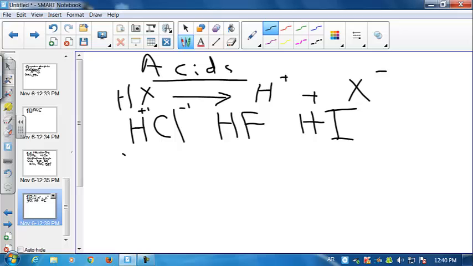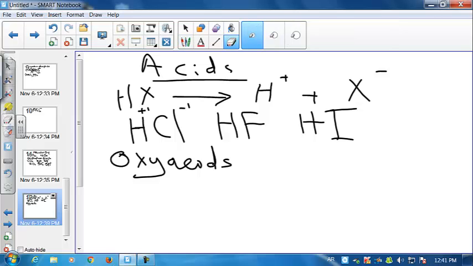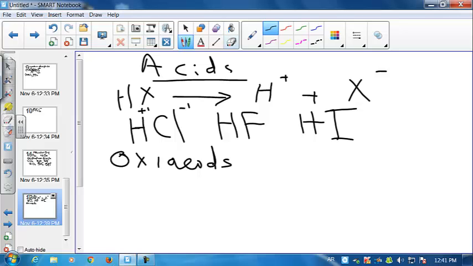But what about oxy acids? Oxy acids are the acids that contain hydrogen for sure, oxygen for sure because of the name, and a third element.